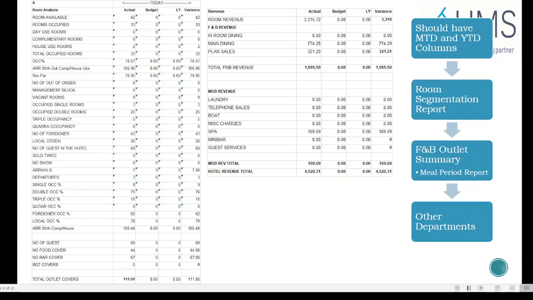Very early in the morning, income audit may not have a chance to look at them in detail, but they can look at a very basic view that everything seems to be in order. Occupancy, the average rates, the number of guests, the calculations seem to be in order. If they seem to be in order, then they just issue out the reports.